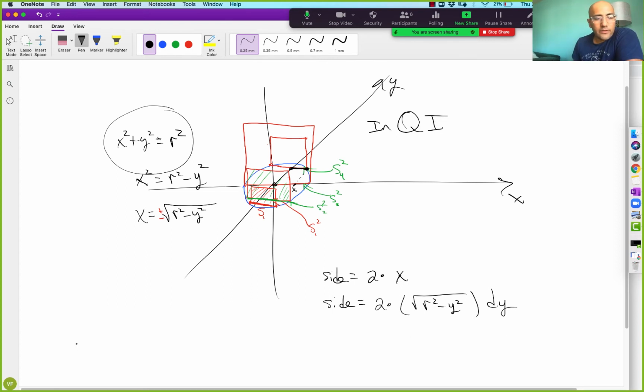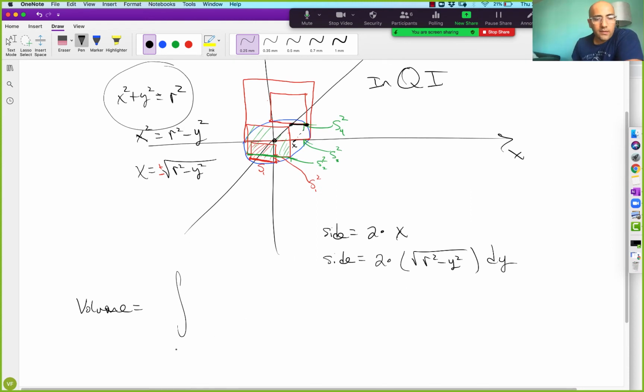So therefore, the volume of the resulting shape is going to be equal to the integral, and now I'm integrating with respect to y, so y ranging from negative r to positive r, of twice times the square root of r squared minus y squared.